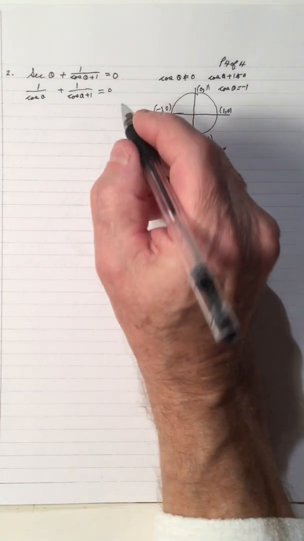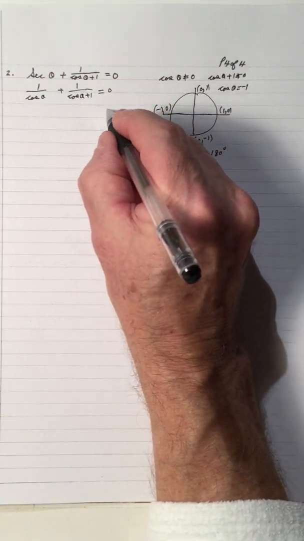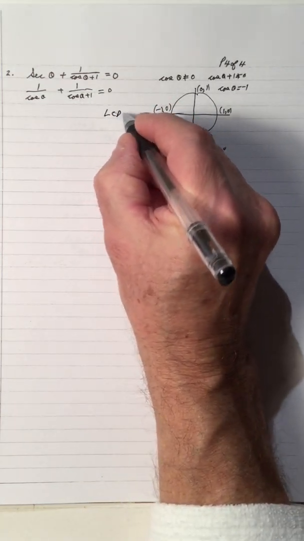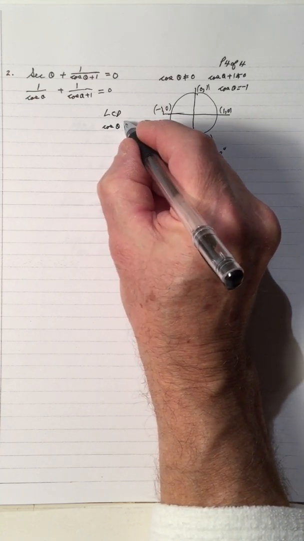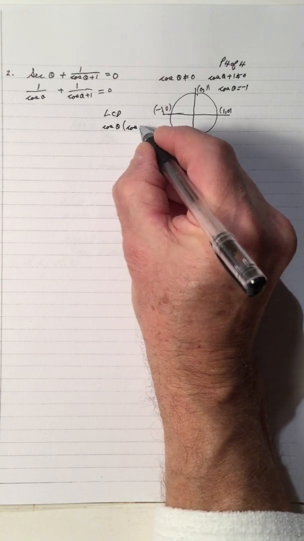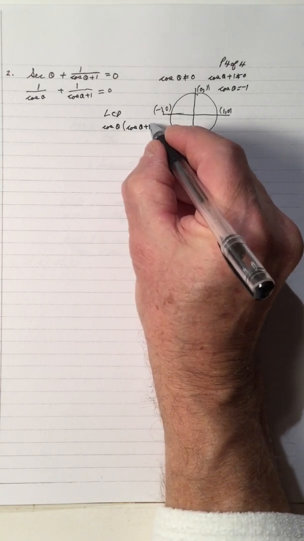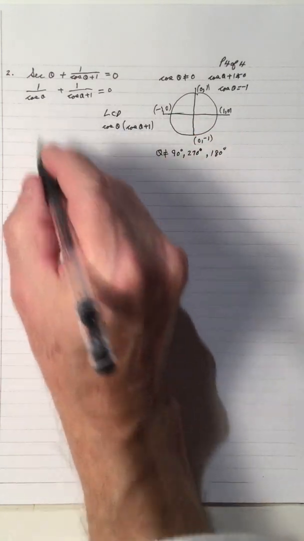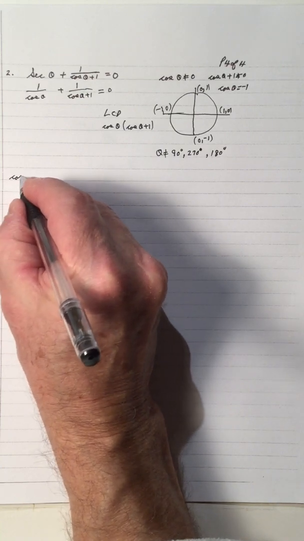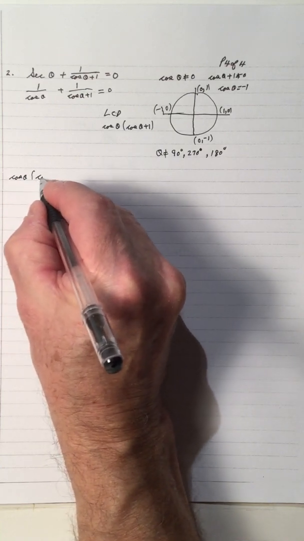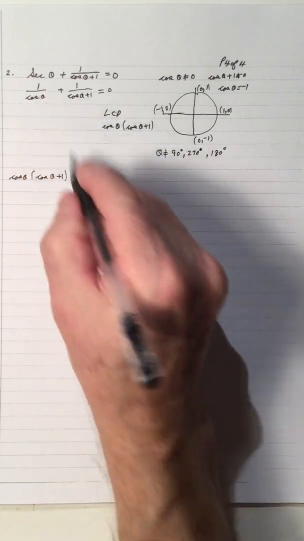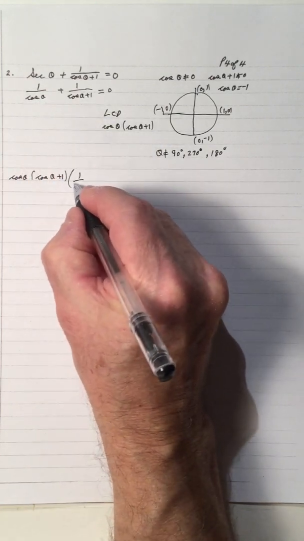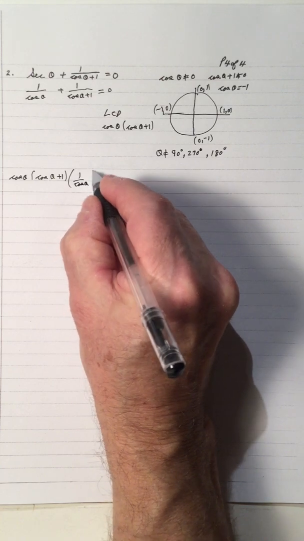So what happens, we have fractions. So we have an LCD. The LCD is cos theta times cos theta plus 1. So what we'll do, we'll take cos theta times cos theta plus 1 and multiply it by the first fraction, 1 over cos theta.